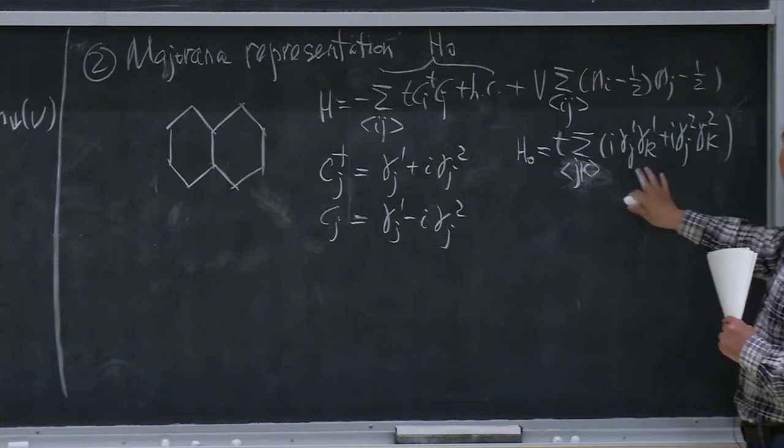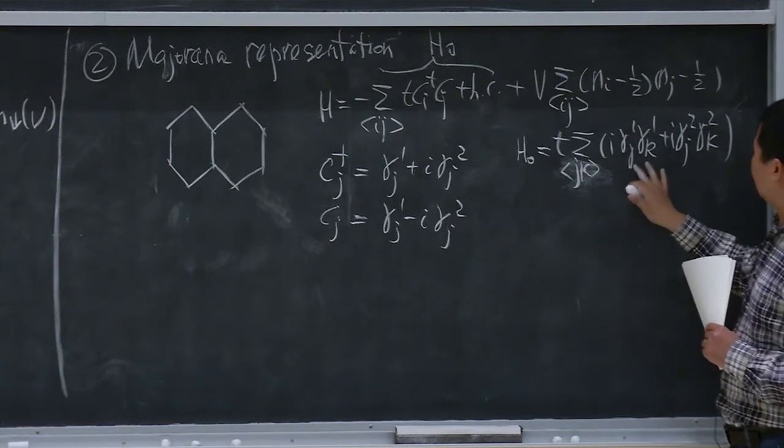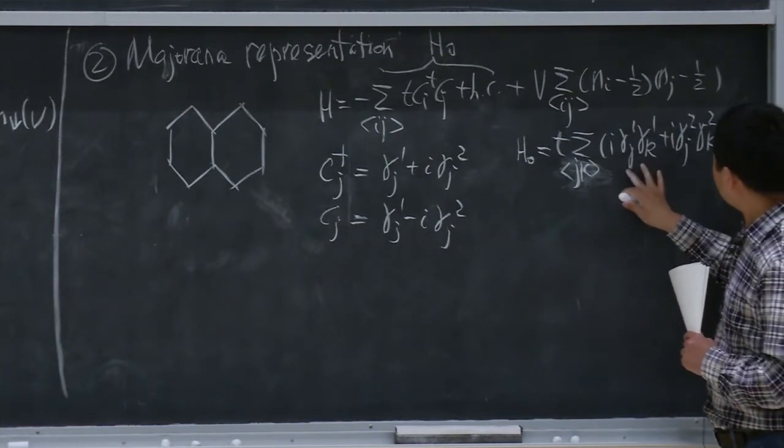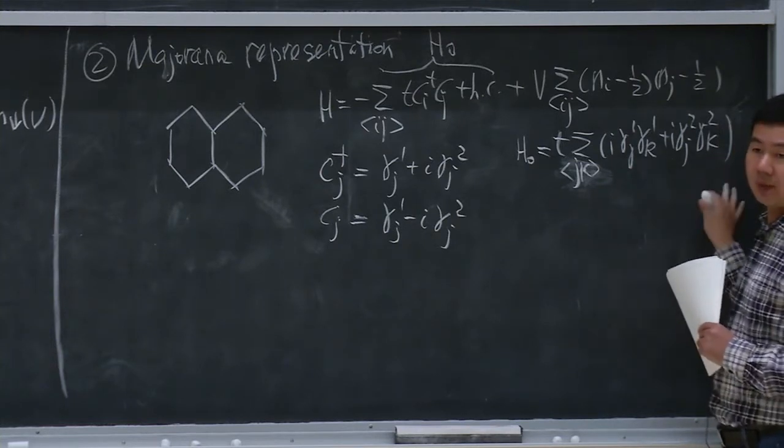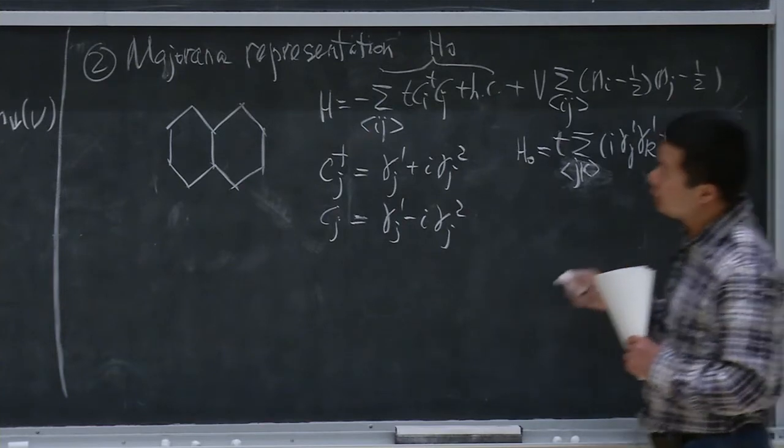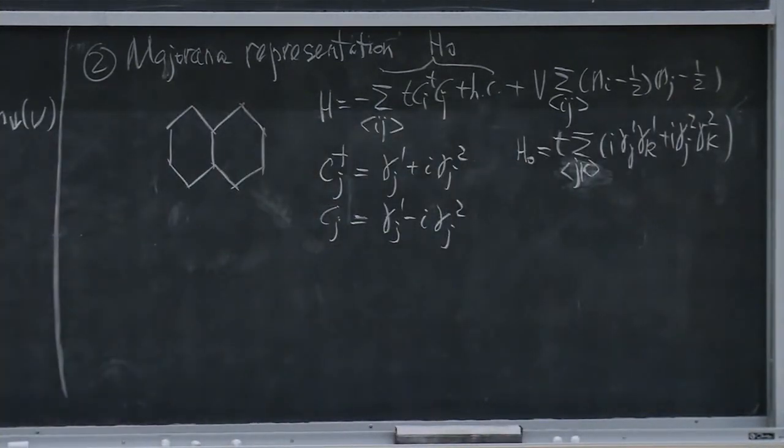So you see that component 1 is separate from component 2 in the Majorana basis. Like for the attractive Hubbard model, the non-interacting part, the spin up and the spin down are also separated.